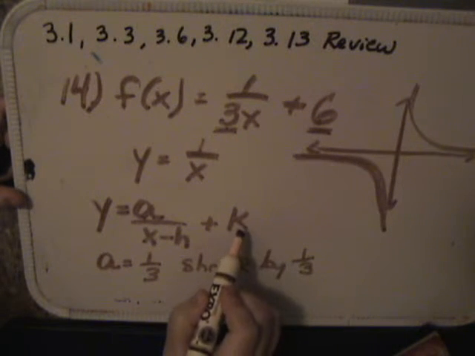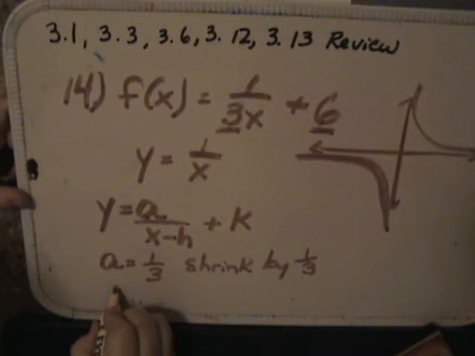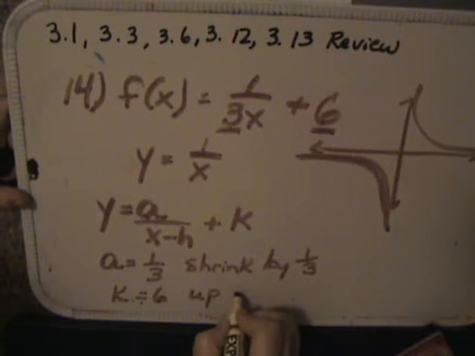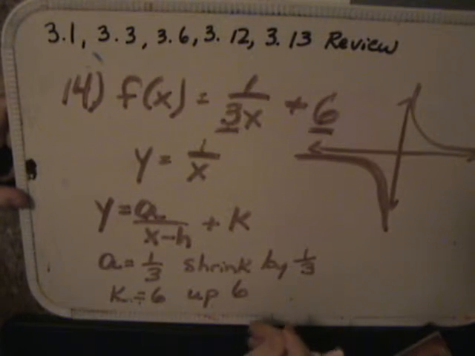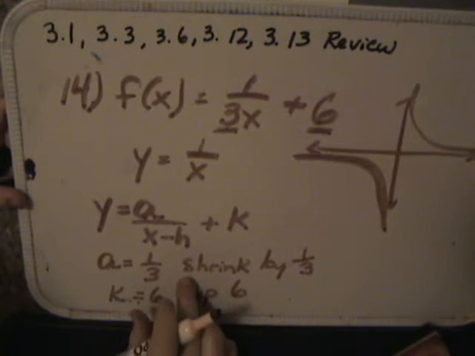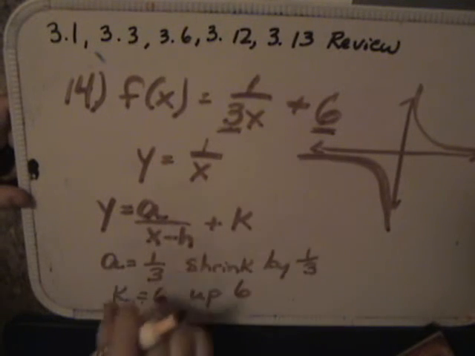That makes that the y-intercept, which makes it move up and down. So since I have a k equal to 6, it's going to move up 6. And that's what you'll need to pick, the correct transformation. This one is a shrink by 1/3, and it moves up 6 because of where the numbers are.